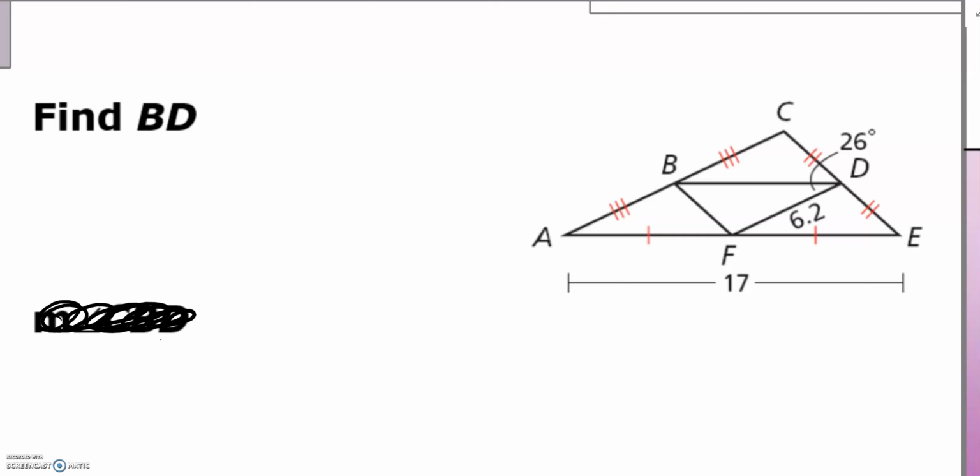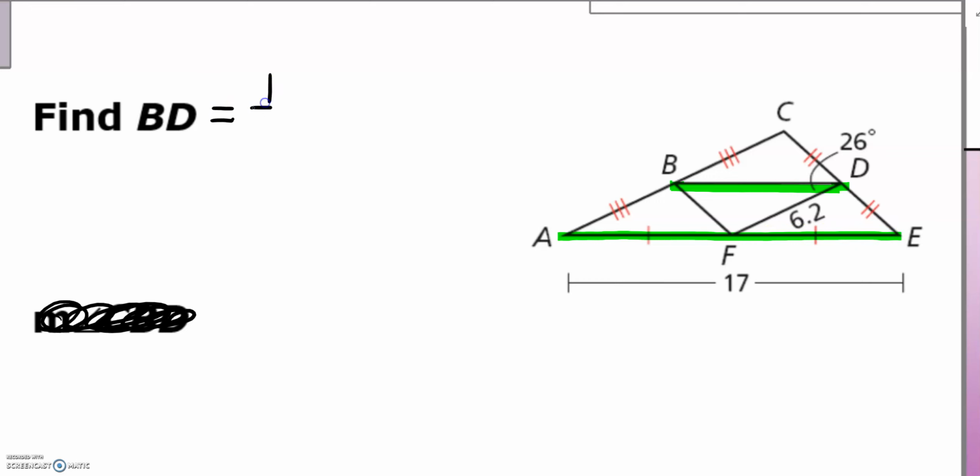So on this segment question, if I wanted the length of BD, I want to consider what BD is. And if I look closely, I realize that B is a midpoint, D is a midpoint, so BD is a mid-segment. And if it's a mid-segment, I know it's worth half of the side it's parallel to. And in that case, that means it's worth half of AE.